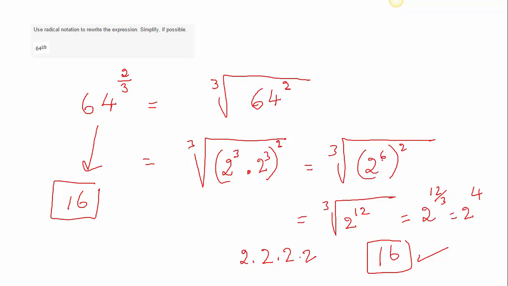So 2 to the power 6 now to the power 2. Power to power. Remember the rule, if you have power to a power, you multiply the exponents. So 6 times 2 is 12. Now we're going to go back to rational exponent. 2 to the power 12 over 3. 12 over 3 is 4. 2 times 2 times 2 times 2 is 16.